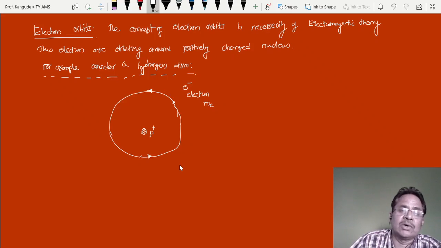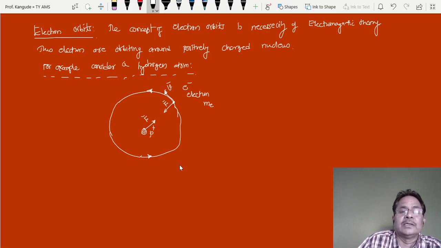So this electron has its motion, given as some V or V bar, and this will get attracted towards the nucleus. This is the force of attraction as shown here. This is also the force of attraction as shown here. And this force must be the same.